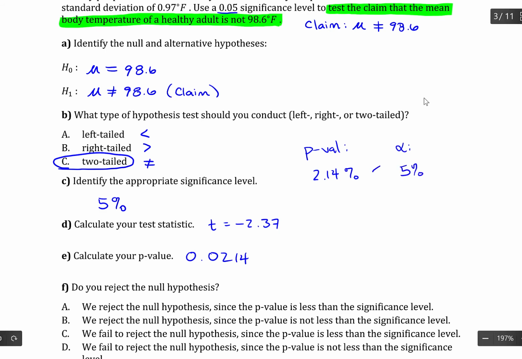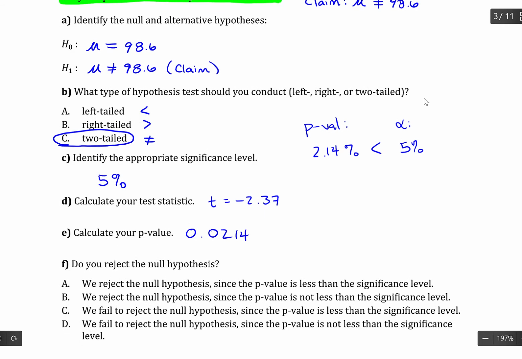Now the p-value is less than alpha. And when the p-value is less than alpha, the rule is if p is low, the null must go. So we are going to reject the null hypothesis. So we can throw out any answers here that say fail to reject. Okay, so C and D are out.